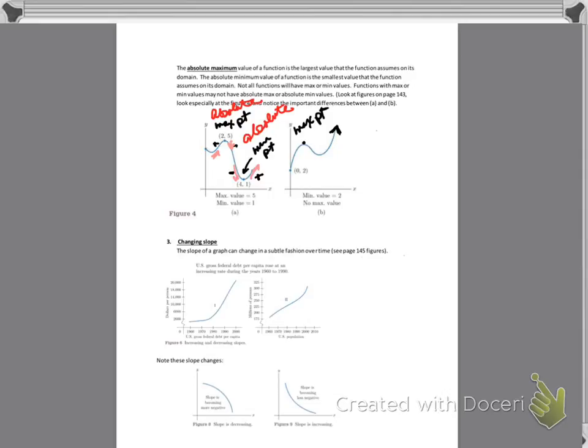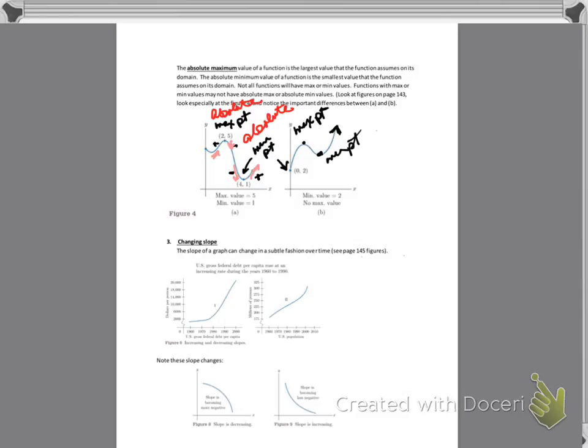It is not an absolute because of this arrowhead. When I look at my min right here, I notice that that min, even though it's a minimum point, is a relative minimum point because I have a lower point right here.